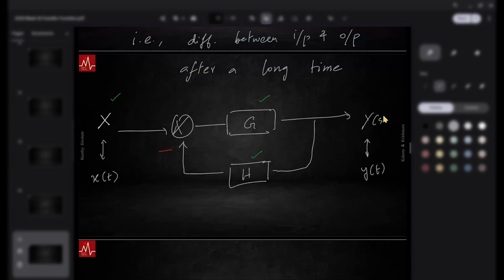This is y of s, this x of s corresponds to x of t, and then this corresponds to y of t. What we want is the difference between x of t and y of t. This difference.